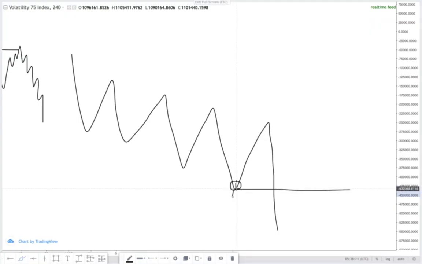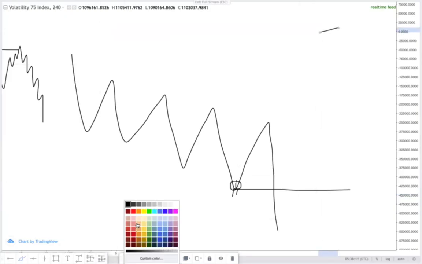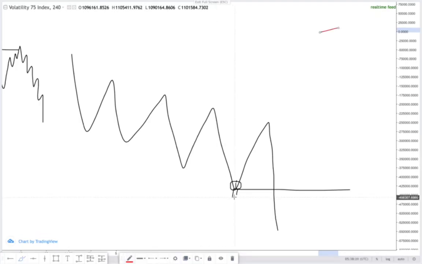This is the first wick, and this is the second wick right here. So what you're going to do, you're going to place two lines to make our boundaries. We're going to place the first line at the beginning of this candle wick right here, and we're going to place the second line right here at the beginning of this candle body right here.